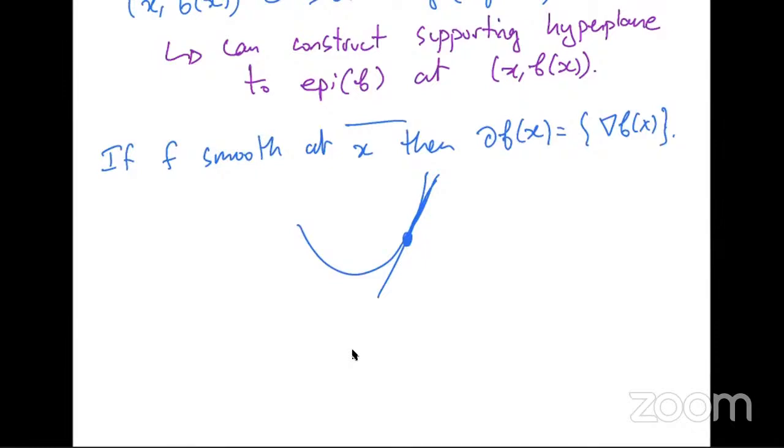Let me illustrate one more fact about the subgradient, which is the subgradient of a max of functions.